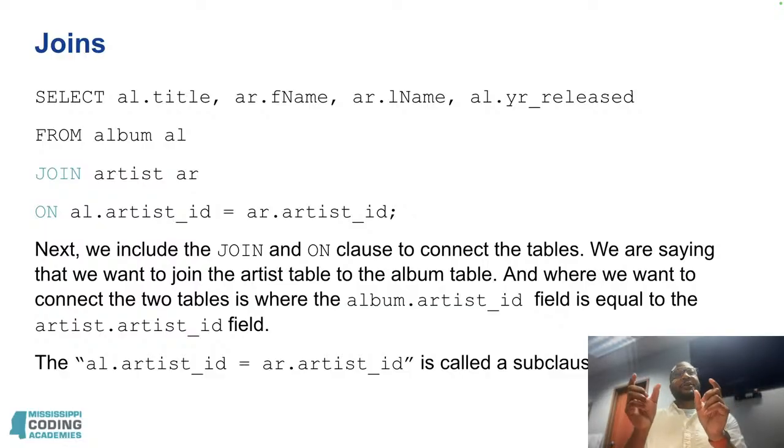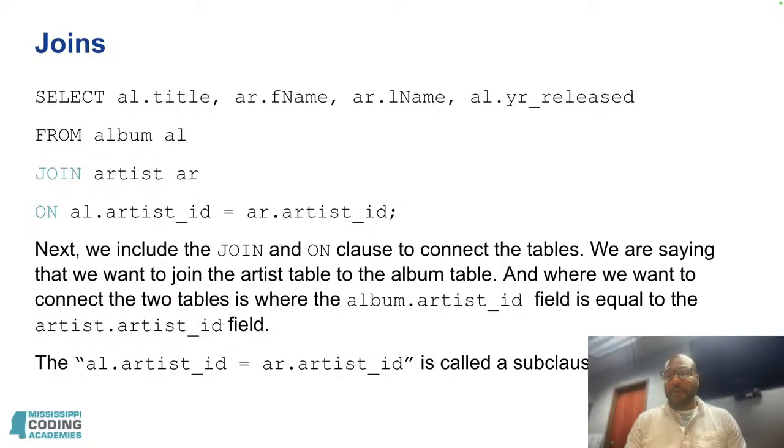And what MySQL is doing is saying, okay, let me look wherever there's a 3 in the album table and a 3 in the artist table, I'm going to connect those two tables at that point. And yes, I see the question.